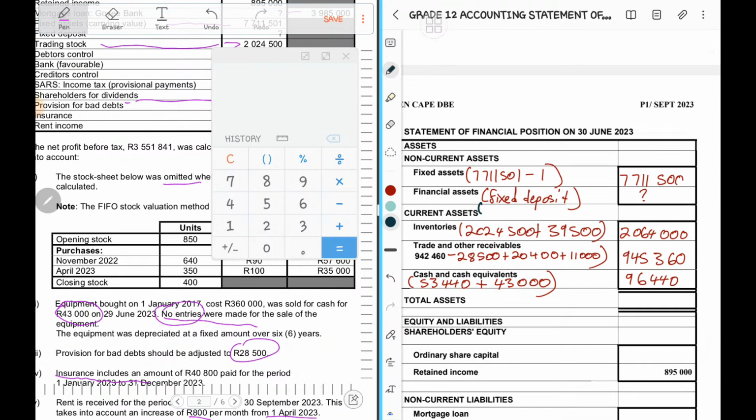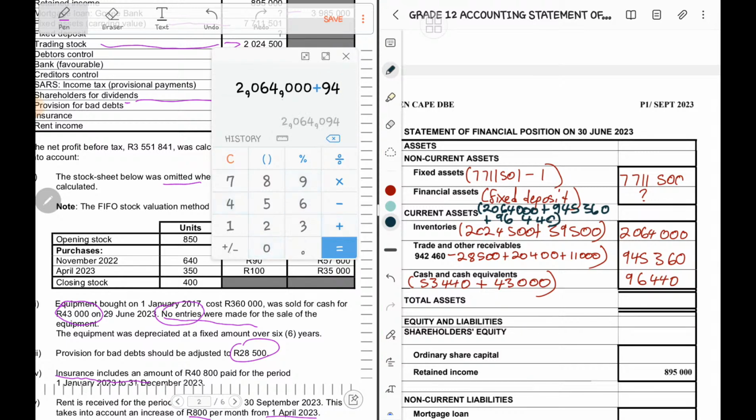So we're going to consider the 2,064,000 rand. Then we're going to add the 945,360. Then we are also going to add the cash and cash equivalent of 96,440. So it will be 2,064,000.